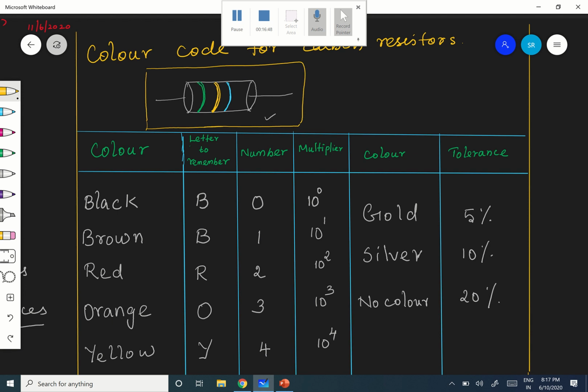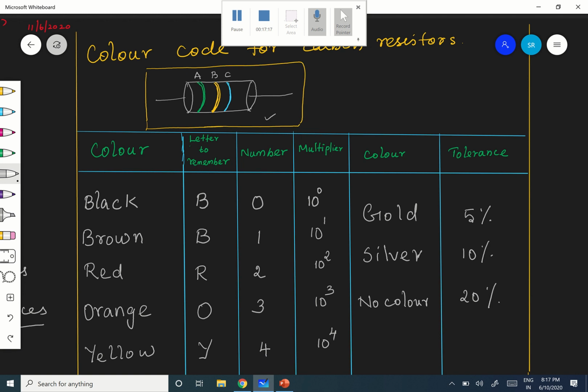What is the first one? Let me name it. First one is A, and this is B, and this is C. And what actually it signifies: the first strip A is actually the first significant figure of the resistance in ohms.